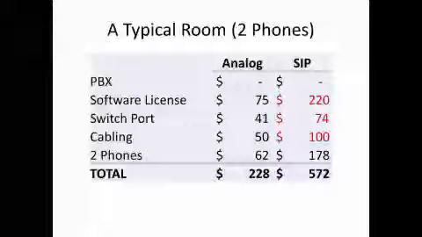And you have to cable home run from that data switch to the phone. So unless you're putting the switch right in the room, which isn't done much, then you've got double the cabling costs. And then, of course, you've got double the phone costs. Here, the cost to do SIP, instead of being about 30–40% more, is more than double to put 2 guest room phones in a room over 2 analog phones in the room.